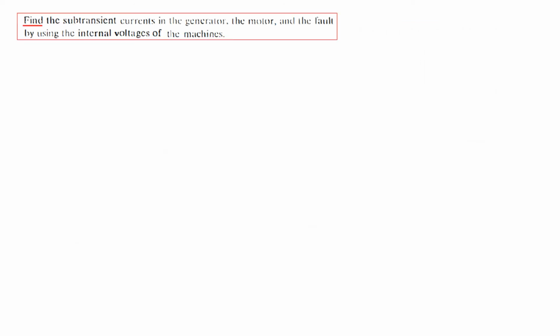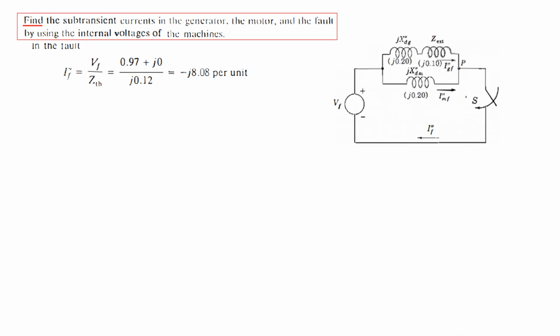And now recall that in question 10.1 we were asked to find the current in the generator and the motor and the fault current. So we have found the fault current, which is this value given here. Now by the current division rule we can find the other two. So this was the equivalent circuit. This is the motor fault current and this is the generator fault current.